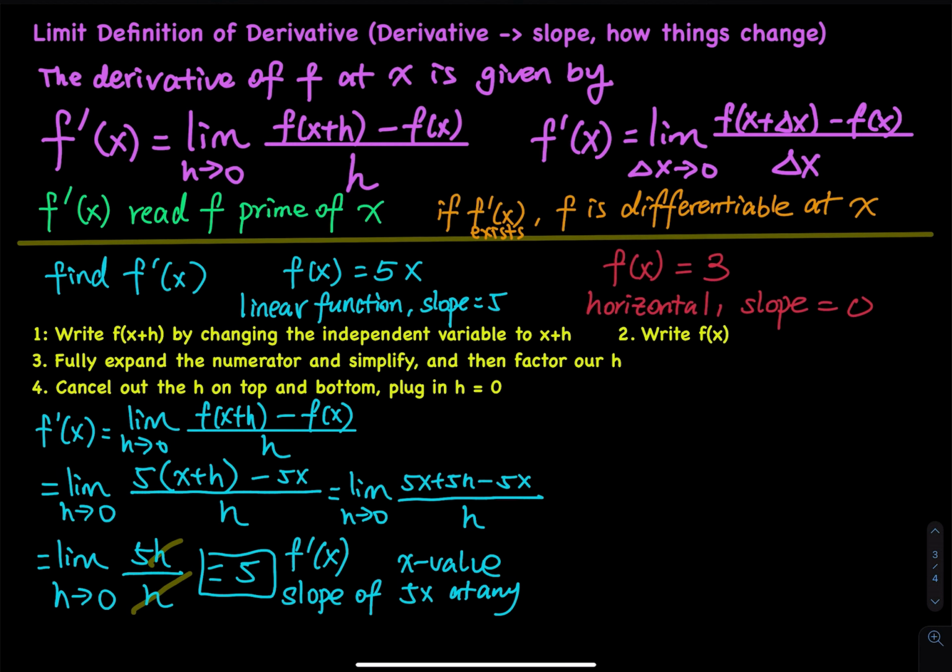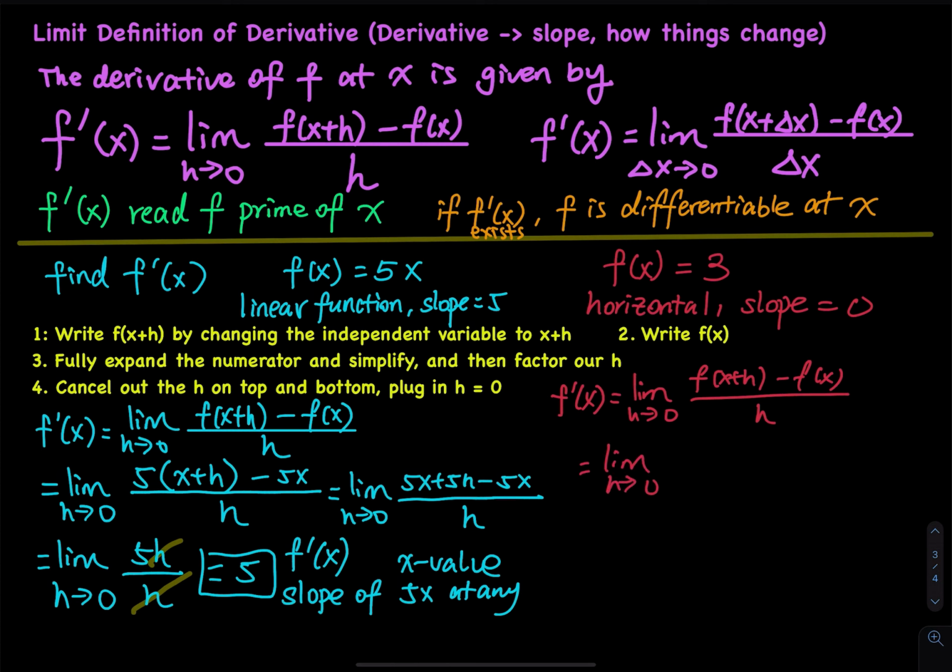How about the red one? We have f prime of x equals the limit as h approaches 0 of f of x plus h minus f of x, divided by h. There is no independent variable on the right-hand side of the function, so you don't have an x to change in x plus h.